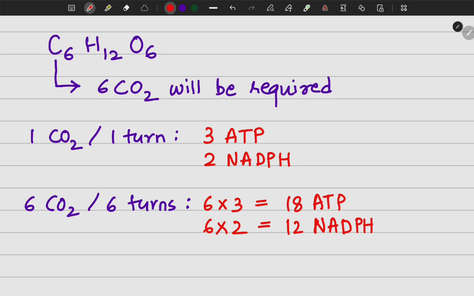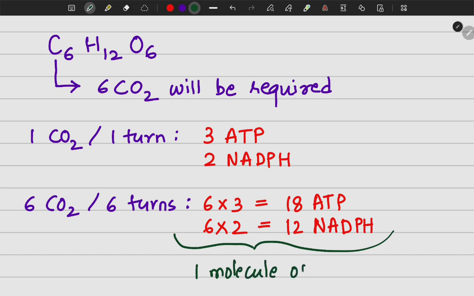Right? I hope this is clear. So to produce one molecule of glucose or carbohydrate.